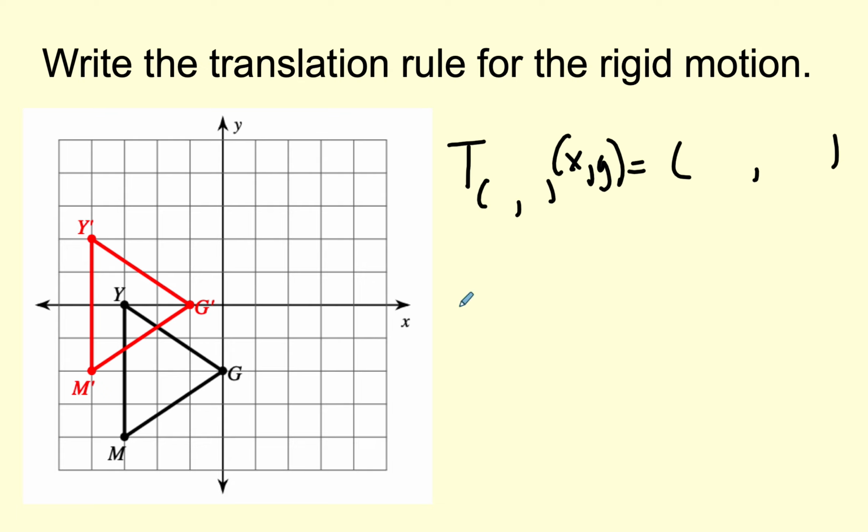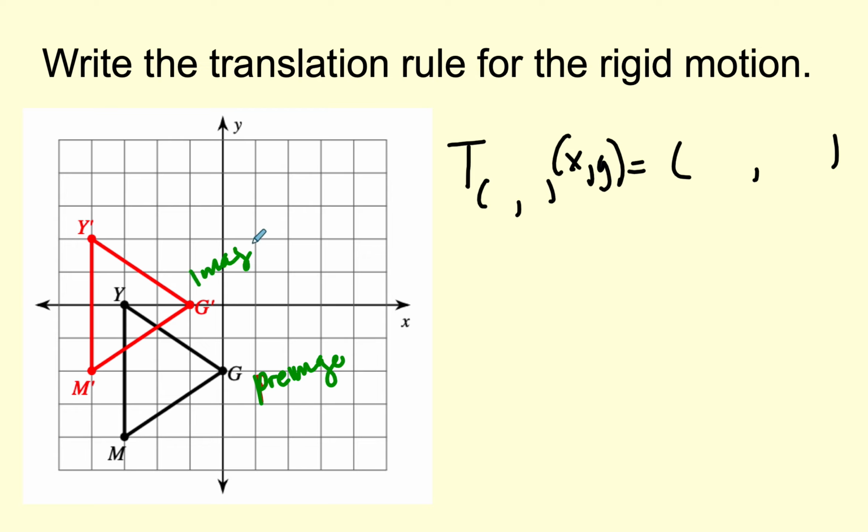Let's write a translation rule for this rigid motion. So here is what the x is and what the right movement is. Now, to help yourself, let's get another color here. I'm going to start with G. G is my pre-image, my green pre-image. And this is going to be my image.